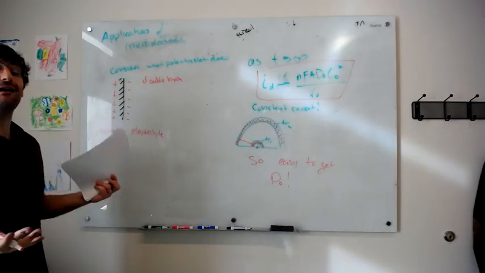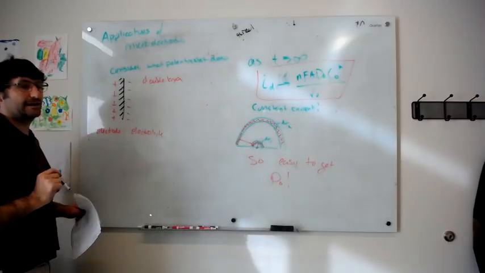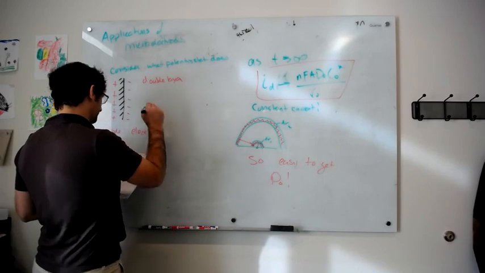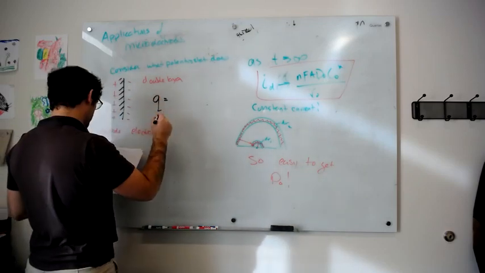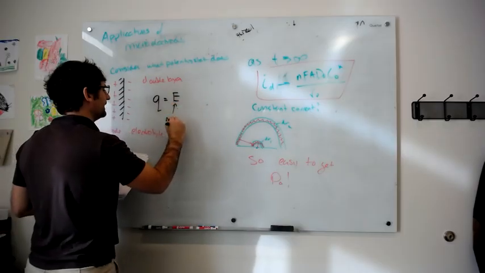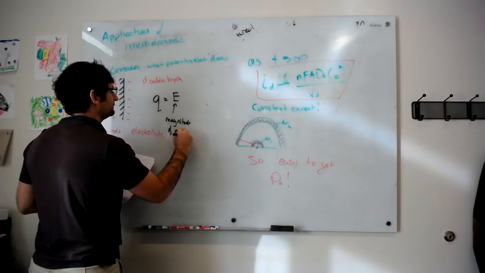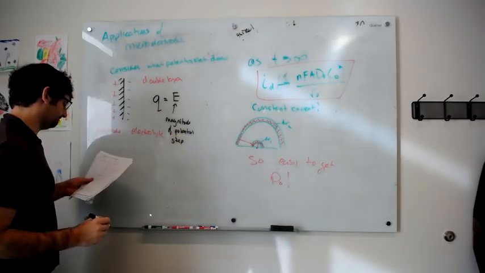But it takes some time to set up that double layer, because we have to actually charge that capacitor. And if you remember from some of the early lectures, the charge on this capacitor Q is equal to E, the magnitude of the potential step. We derived this in chapter 1.